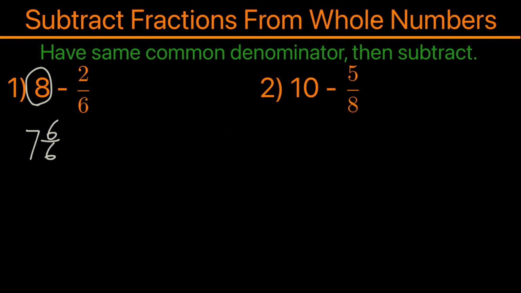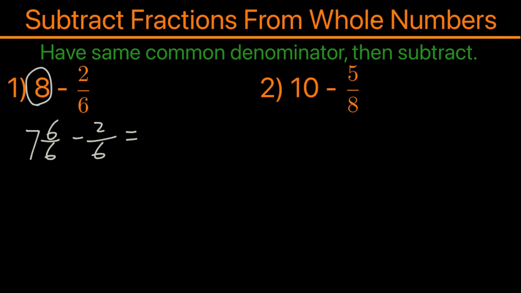So this becomes a mixed number of 7 with 6 over 6, which is the same as 8. But this way will be faster because we're basically taking out the 1 and not having to convert it to an improper fraction and then back to a mixed number. So this way, we're basically converting from a whole number to a mixed number. And then we proceed with the subtraction.